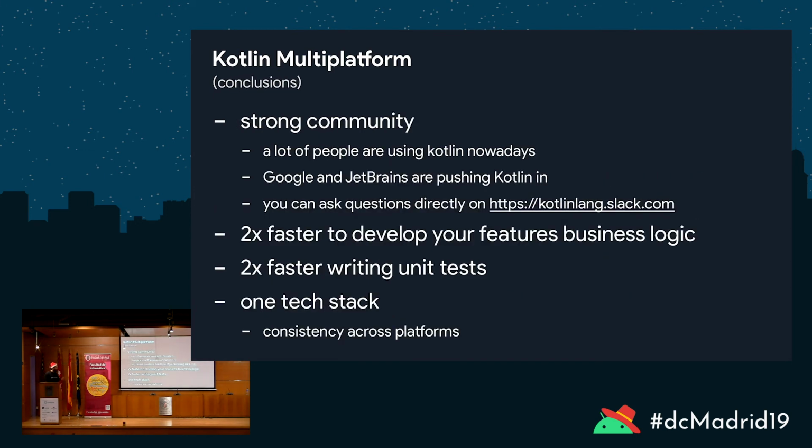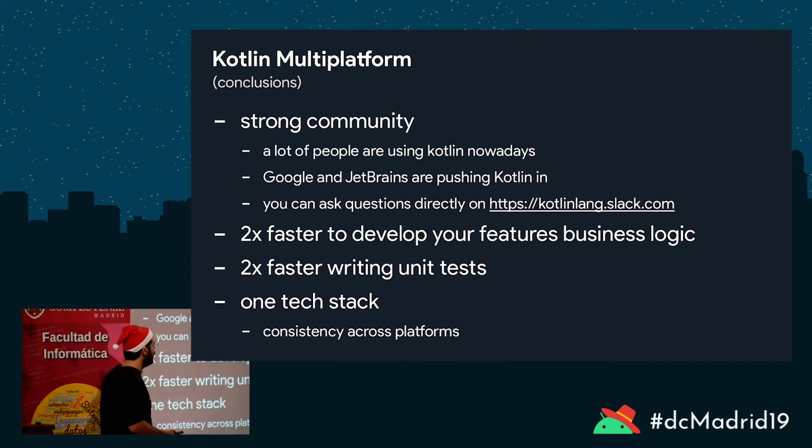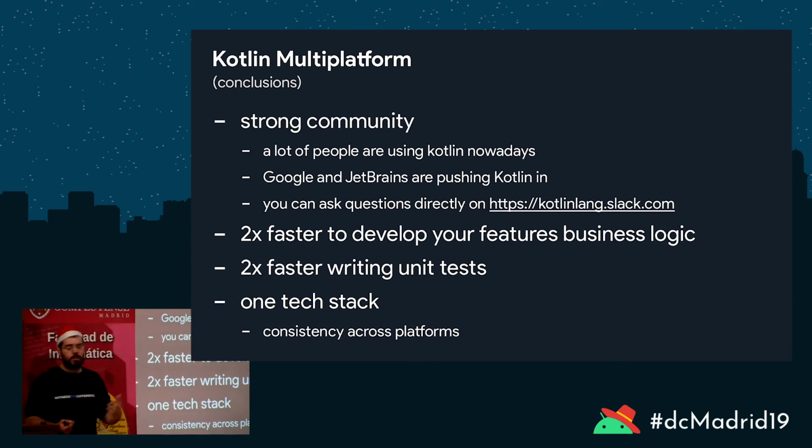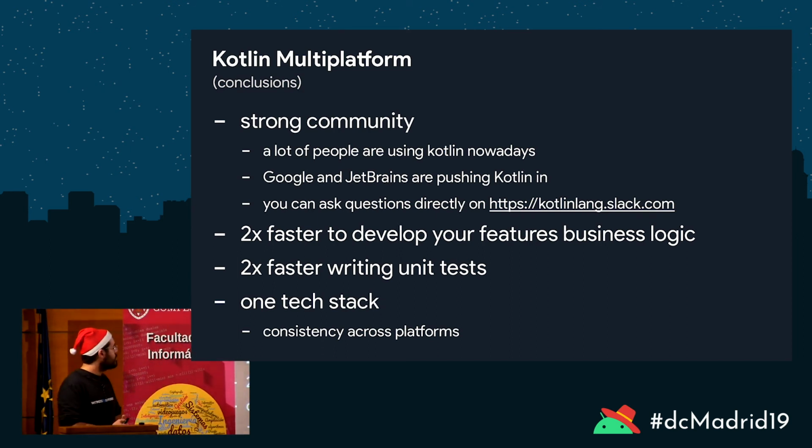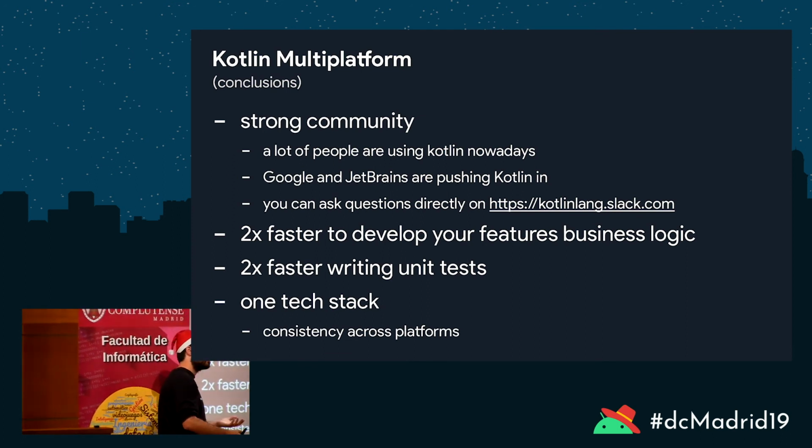I'm not tired of referring once again, the community is really, really strong, okay? Both Google and JetBrains are pushing Kotlin. A lot of people are already using Kotlin. Kotlin was one of the trendiest languages of the past two to three years. You can ask them questions. It's faster to develop because you are going to share your business logic.